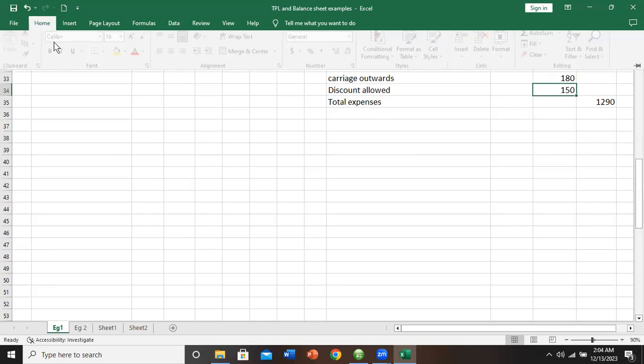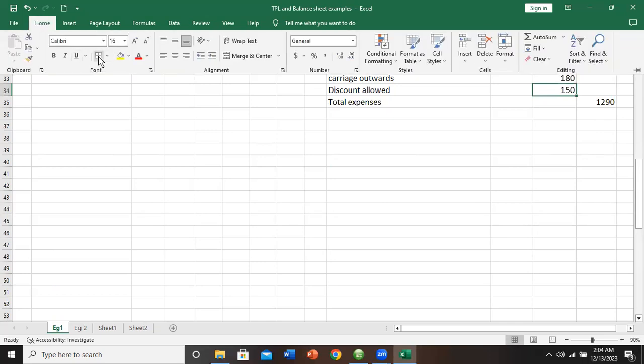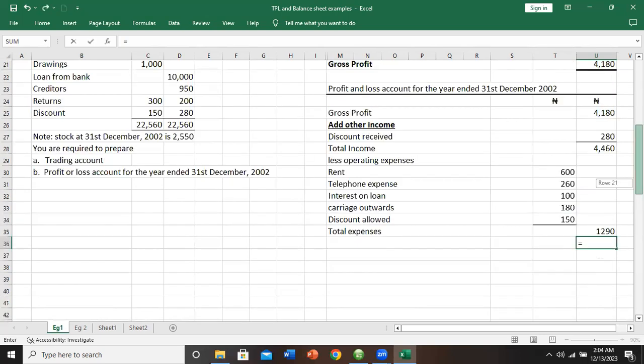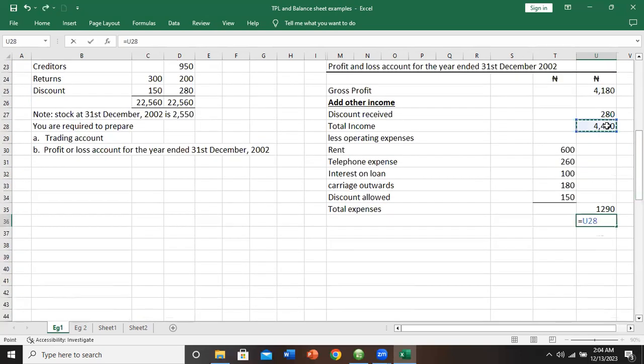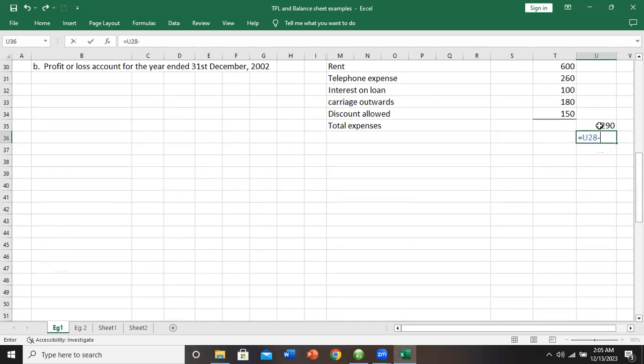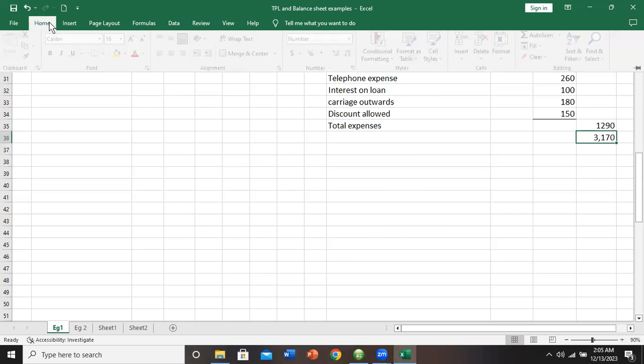You get a net profit if the income is more than the expenses, and the opposite is a loss. So here we have 4,460 minus 1,290, and that's going to give us 3,170 net profit.